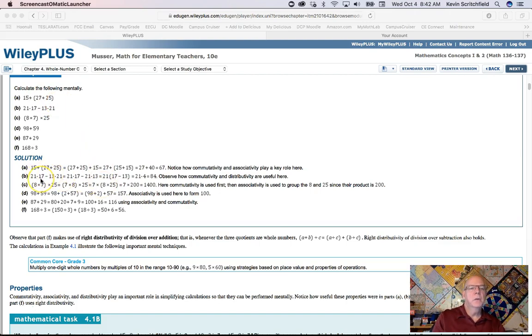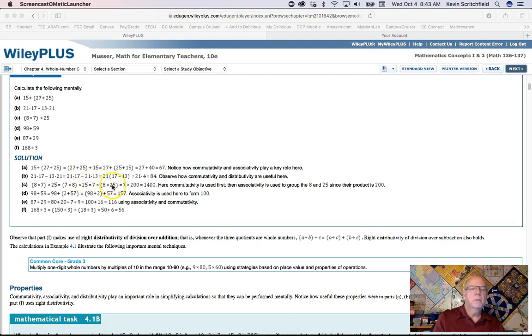The next one is 21 times 17 minus 13 times 21. Now, I know some of these problems are a little bit contrived with the numbers they have here, but not completely. A lot of this applies to really any kind of problem like this. What you need to catch is the fact that both of these numbers are being multiplied by 21. So you can essentially use the reverse distributive property to pull that 21 out in front. Notice that they just rearranged it here: 21 times 17 minus 21 times 13.